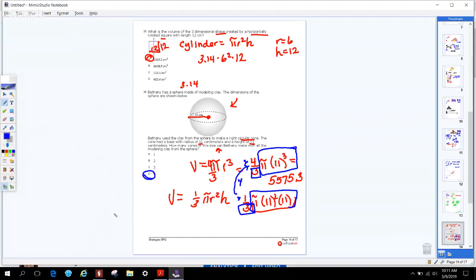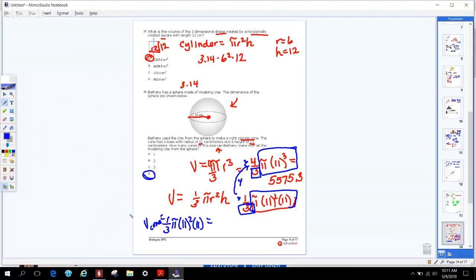So that was a quick way to do it, but the longer way is, now that you have this answer, we have to figure out what one of these equals. So we could do 1/3 times pi times 11 squared times 11. This is to get the volume of one cone.